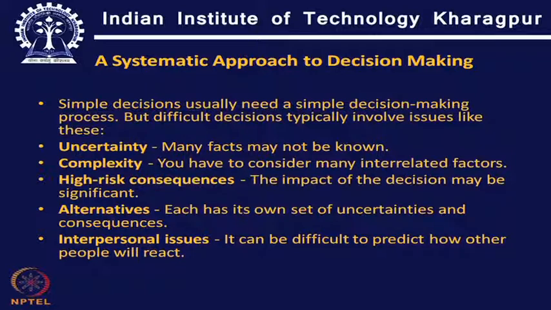And lastly, interpersonal issues: it can be difficult to predict how other people will react. So these are some of the steps involved in systematic decision making in the organization.